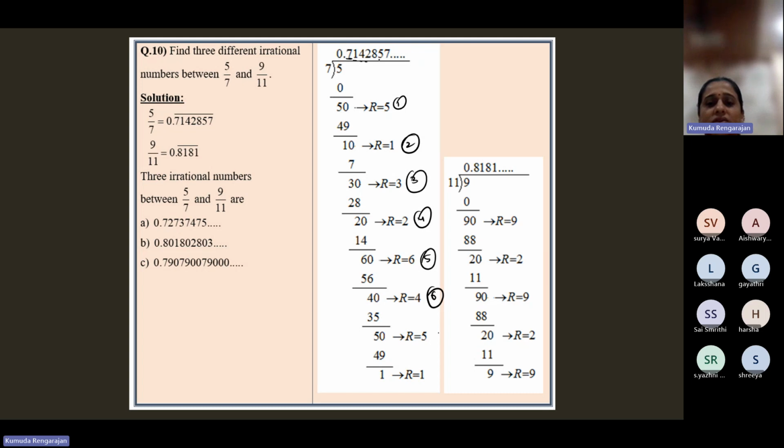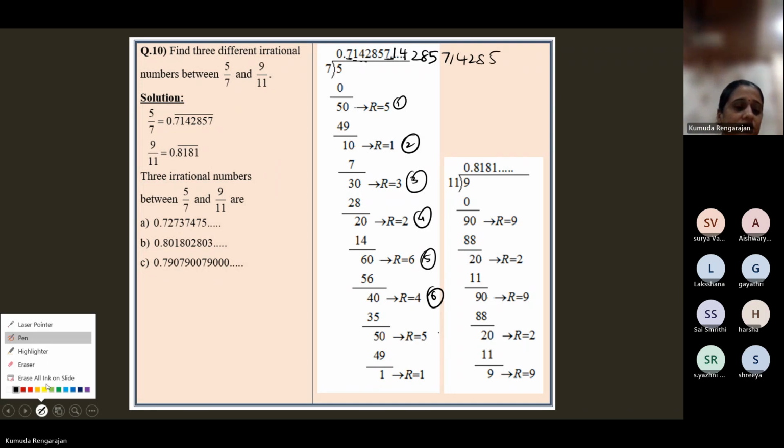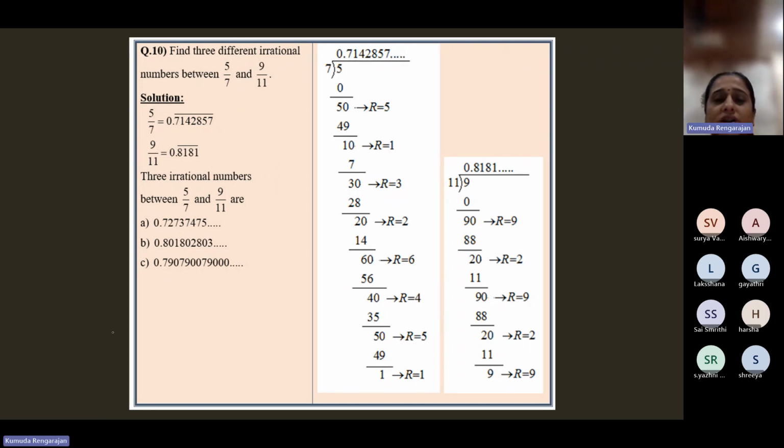So you again get a 7 here. That means if you continue the division, you will get 1, then you will get 4, 2, 8, 5. Again 7, 1, 4, 2, 8, 5. 6 different remainders repeat in the division process.